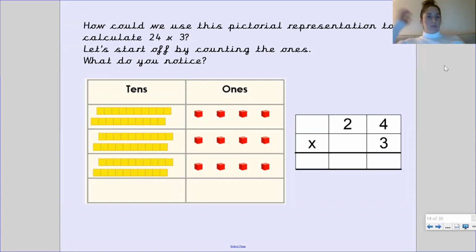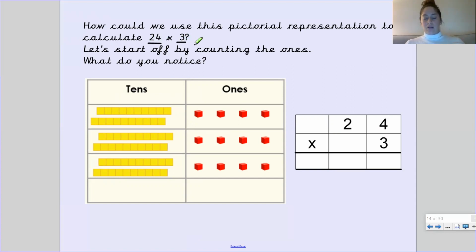I want you to pause the video at this stage to try to see how you could calculate 24 times 3 using pictorial representation. Remember in the previous lesson, we did something very similar. We used pictorial representation and our knowledge of repeated addition. So here we have got the number 24 repeated 3 times.